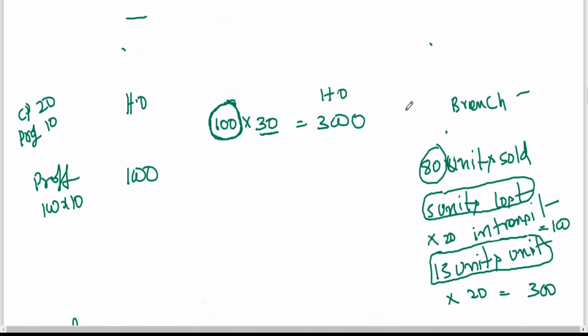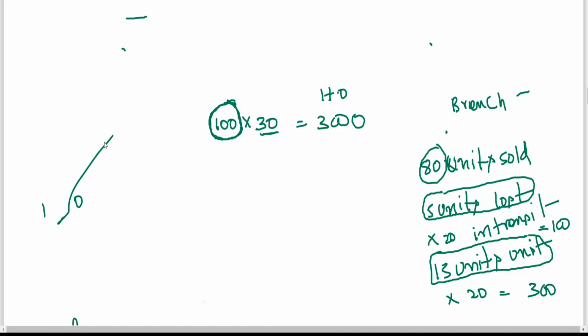So this is just for discussion's sake that I have explained. I repeat, if somebody asks you, sir, why do you have the profit like that, you should say: when goods are dispatched, whether goods are lost in transit or remain unsold, head office assumes they have been sold. So tomorrow, if there is any problem like this, remember goods sent is 100, goods sold is 80. They have taken 100 as goods sold.